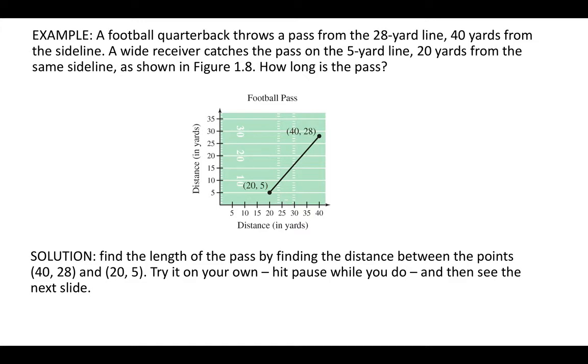And one last thing is my guess is you've seen those stats where they measure how far a pass is. I'm guessing it's something like this, that they film the field and impose a coordinate system on it, and then use the computer to figure out the length of the pass. So anyway, work on that problem, and come join me on the next slide when you're ready. I'm going to go to that slide now that I expect you're going to wait.